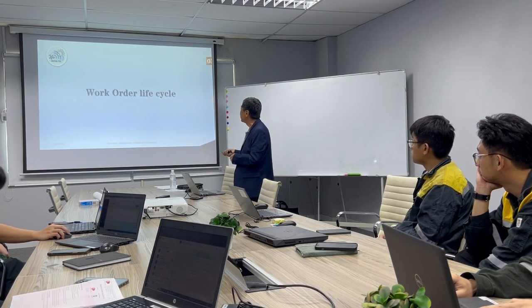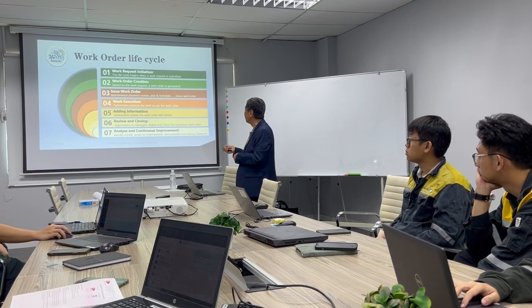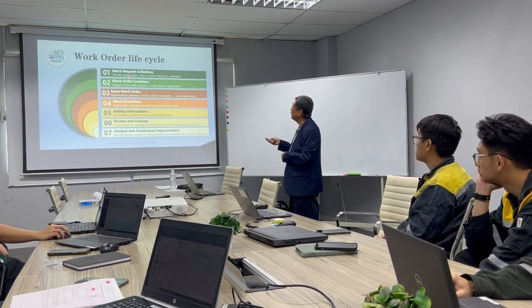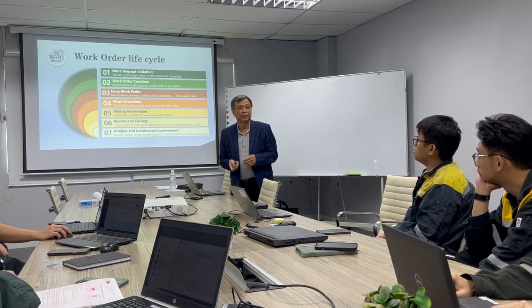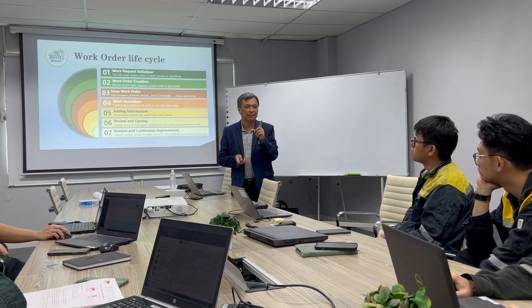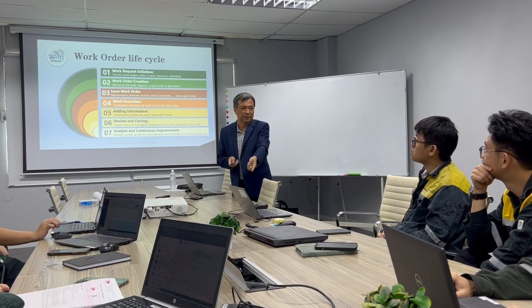Let's see what the life cycle of a work order is. We start with work request initiation. Just now we only talked about one initiation: breakdown, where only then you initiate the work order.